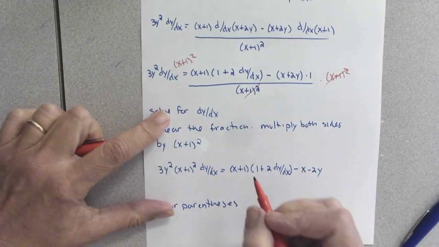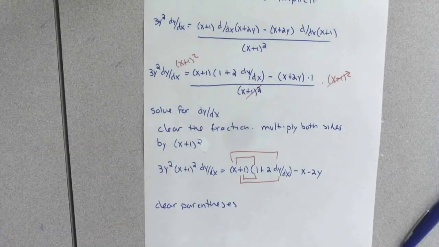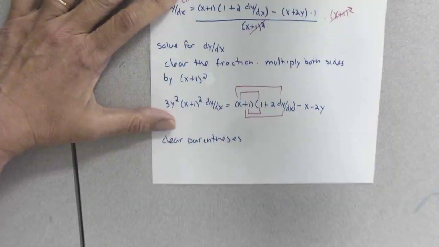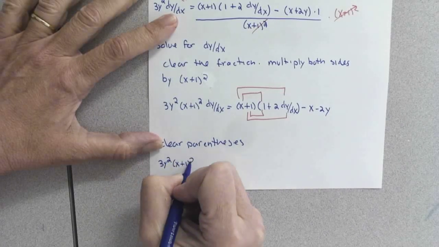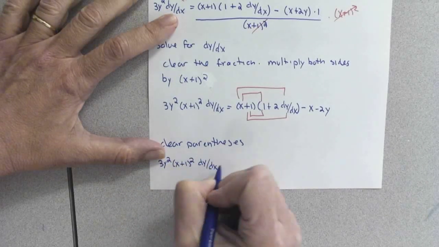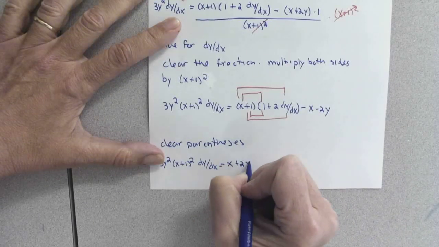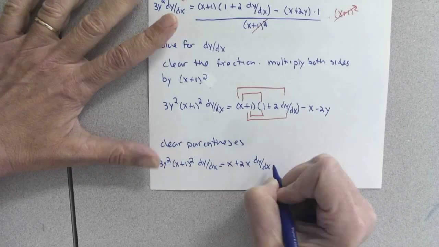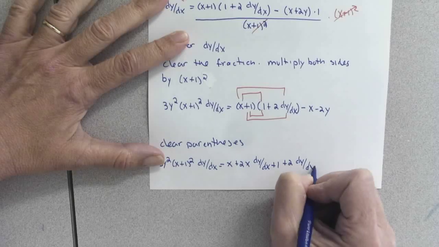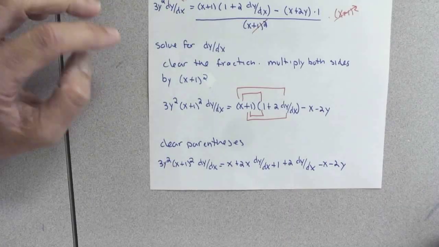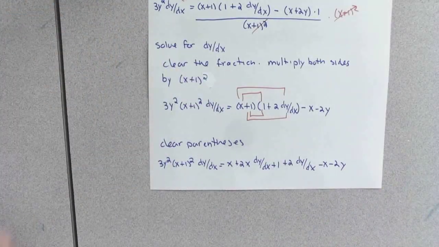So I'm going to clear them there by foiling. And so I'm going to have 3y squared, x plus 1 quantity squared, dy dx, equals x plus 2x dy dx plus 1 plus 2 dy dx minus x minus 2y. X, 2x dy dx, 1. Yep, that looks good.